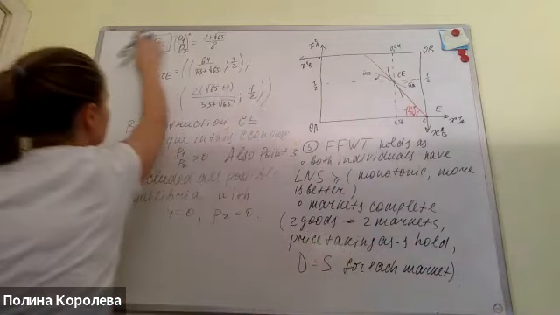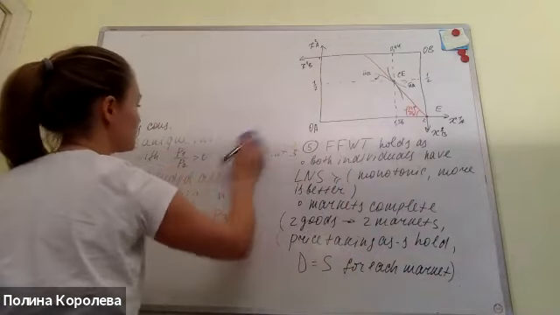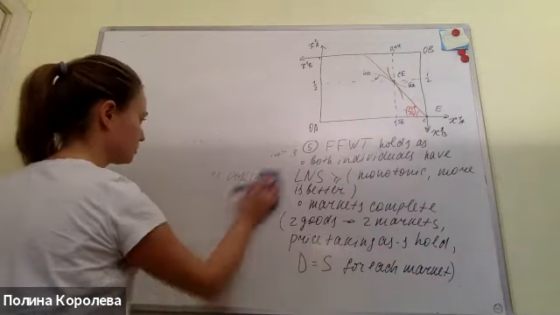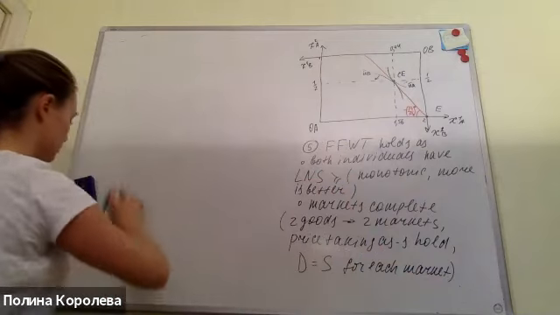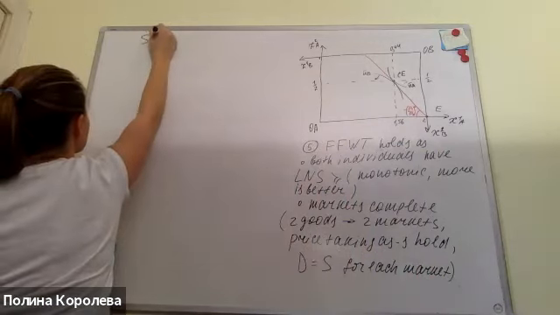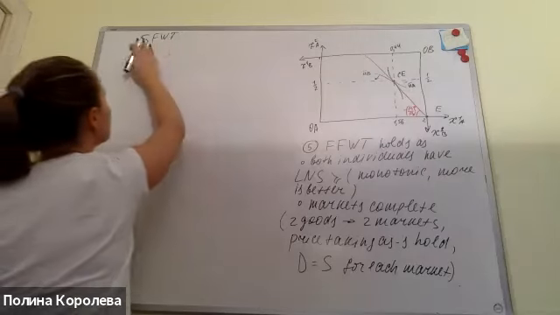And what about the second fundamental welfare theorem? What should we add to all this? One more thing. Something about convexity. Yes, exactly.